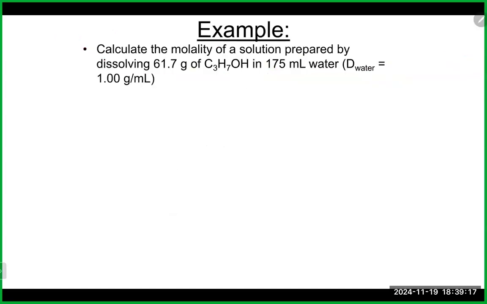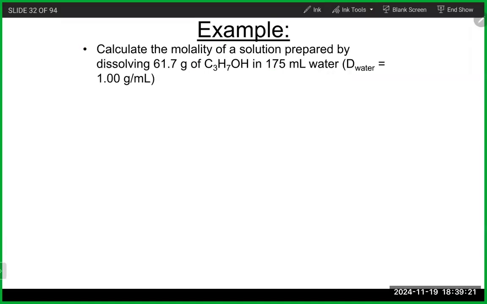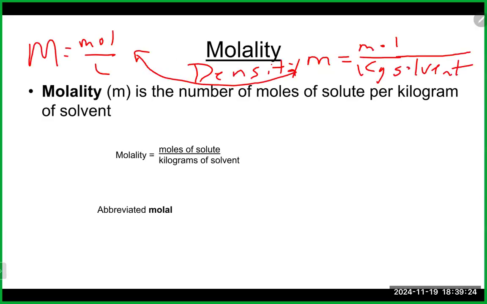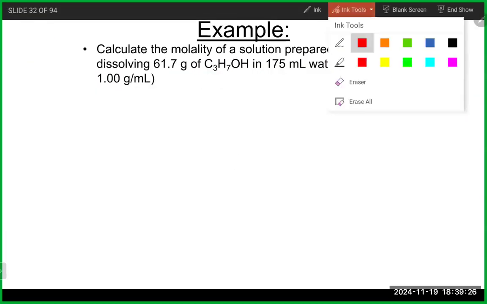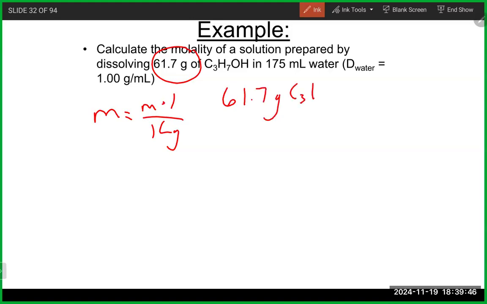So here, if we were going to calculate the molality of this particular solution, the molality would be our moles per kilogram. So here we do need to find our moles, and we do have 61.7 grams. So we could use our molar mass like we've done before to convert this into moles. We'll go to the periodic table and calculate our molar mass.